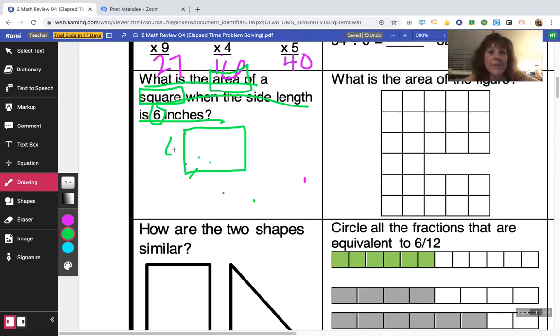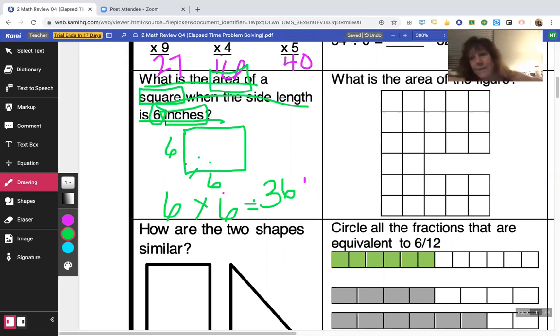So I know that each one is going to be 6. To get area, I just need to know the length of the height and the width. So 6 times 6 equals 36. And that would be 36 square inches because I'm using inches. And when we have area, we always end up with square units. So square inches, square centimeters, square feet, whatever.